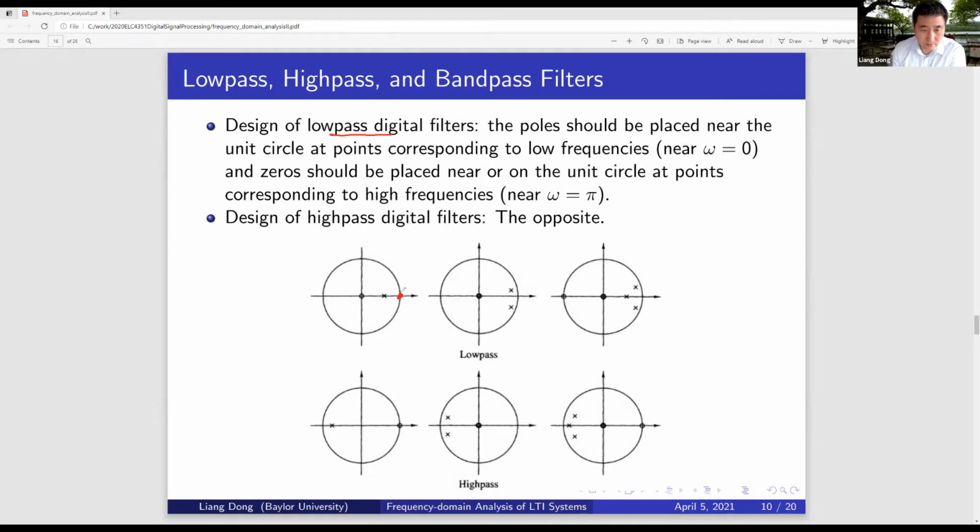You travel along the unit circle, that's my frequency: DC here, frequency pi here. So I want to put a pole close to this point. And the zeros should be placed near or on the unit circle at points corresponding to the highest frequency, which is this point. I should put a zero here. This is the ideal pole, and this is the ideal zero.